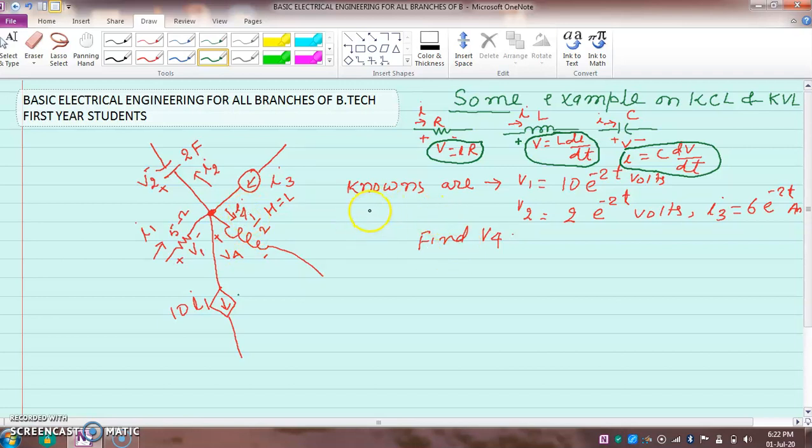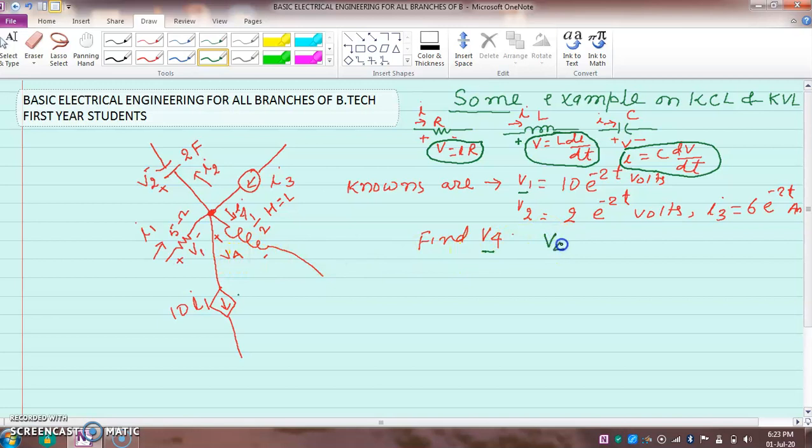In this problem, it is given that voltage V1 is 10 e to the power minus 2t volts, V2 equals 2 e to the power minus 2t volts, and I3 is 6 e to the power minus 2t ampere. We have to find the value of V4, the voltage across the inductor.